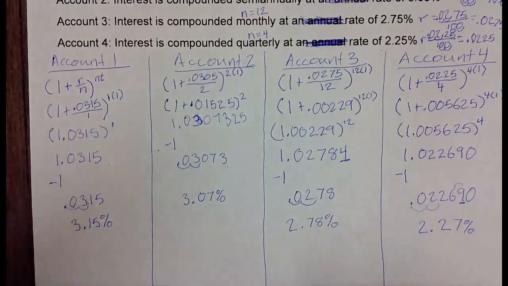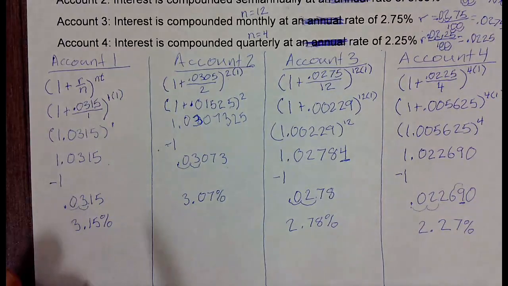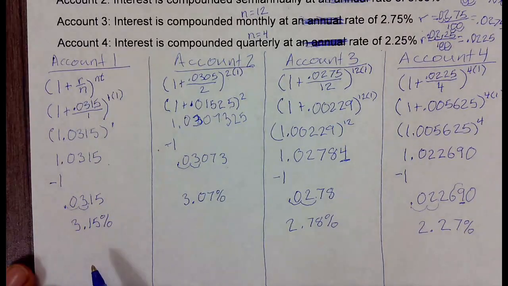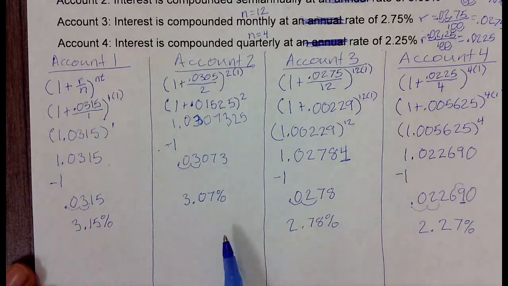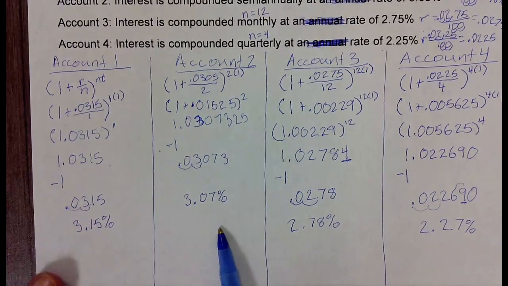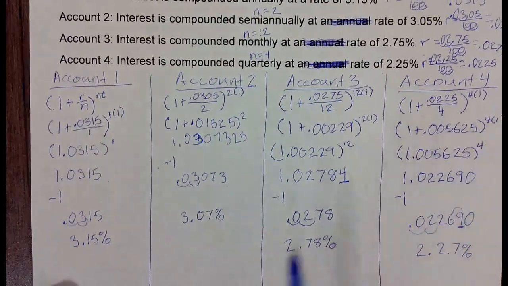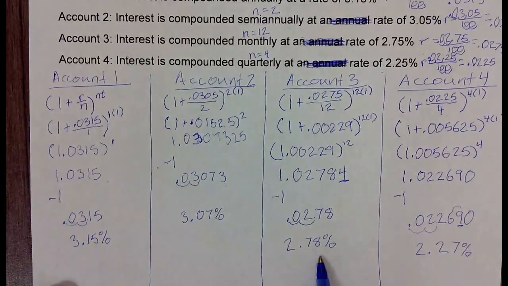Now I can compare. This tells me if all of my accounts compounded only annually, what would my percentage rate be? For account 1, it's 3.15%. For account 2, it's 3.07%. For account 3, it's 2.78%.